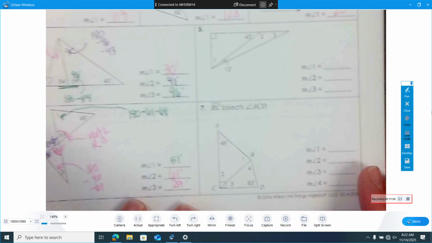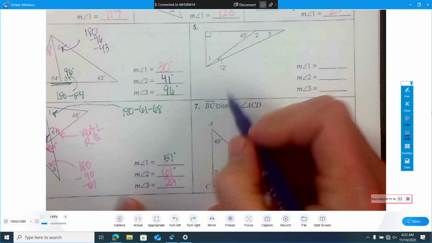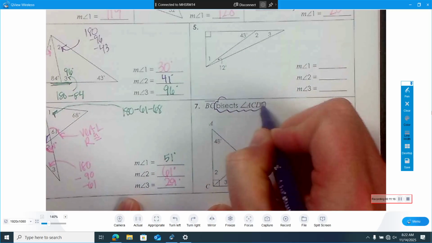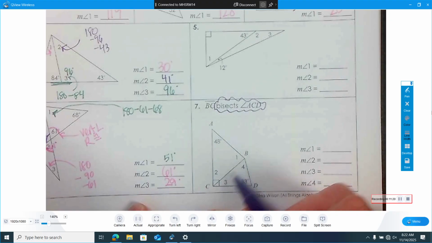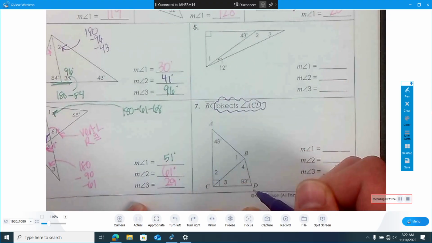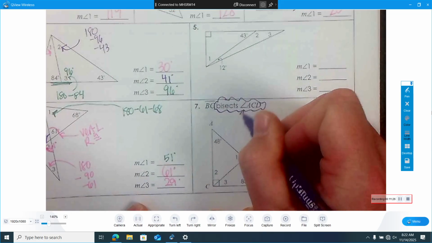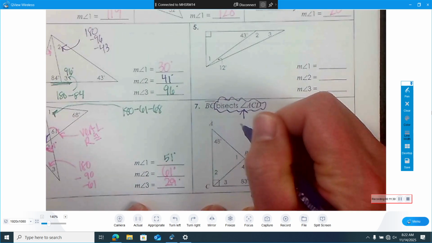I like number 7 because, again, it's using vocabulary that you need to read. And again, the hardest part of math is the reading aspect. BC bisects angle ACD. So segment BC is bisecting angle ACD. If you bisect an angle, what do you create? Perfect.